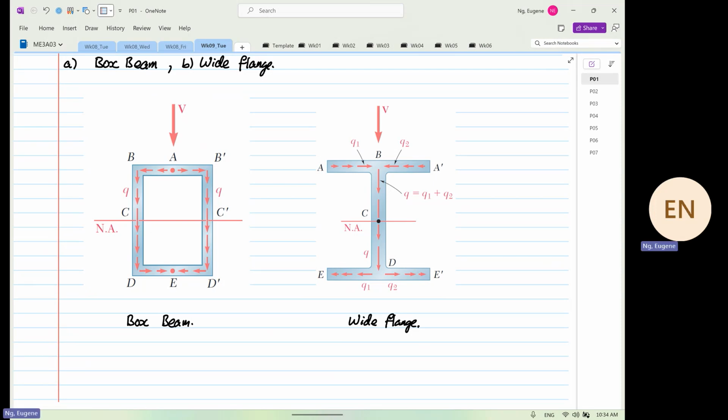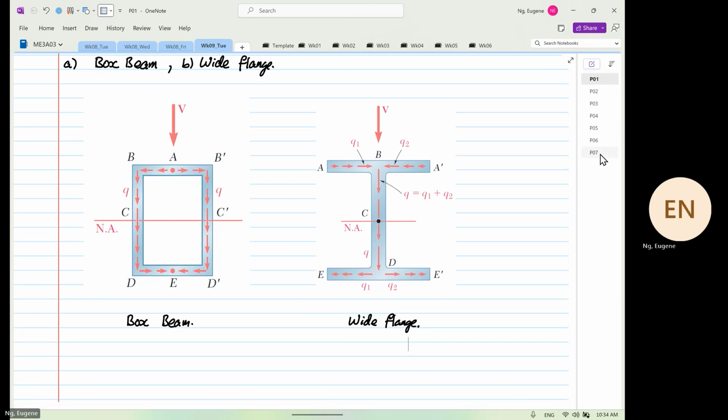From here, later on, we're going to design the shear flow for more complicated structures. What do I mean by more complicated structures?